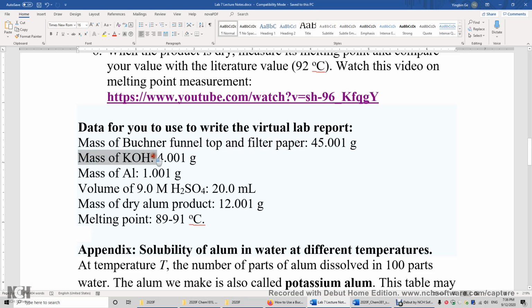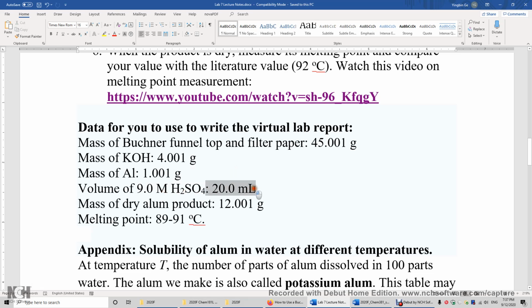Assuming the mass of KOH you used is 4.001 grams, the mass of aluminum is 1.001 grams, you used 20 milliliters of 9.0 molar sulfuric acid. And 9.0 molar is equal to 9.0 moles per liter.